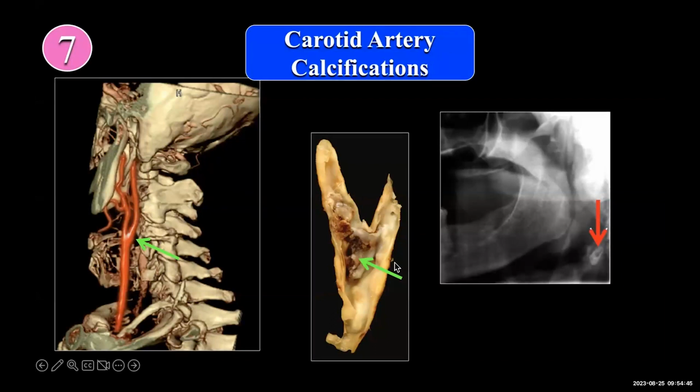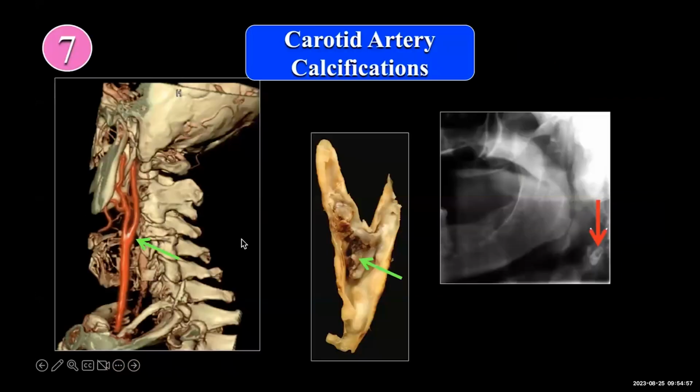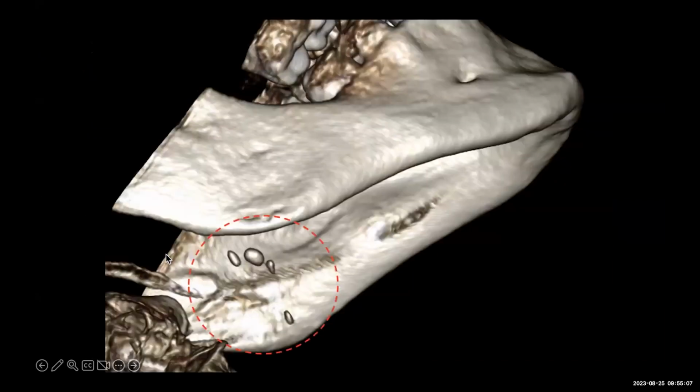Right at the bifurcation here, it's not uncommon for patients to get plaque or calcifications. This is one of my patients. They look like little pebbles, and it'll be right on the angle of the mandible. If you look at the cervical vertebrae, usually about C3, you go right over from C3, that's where the bifurcation is.